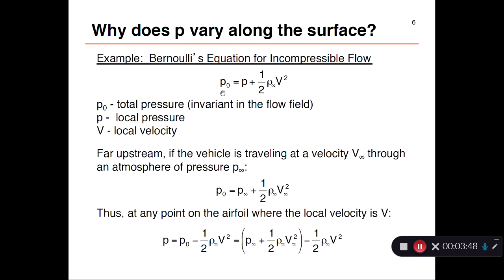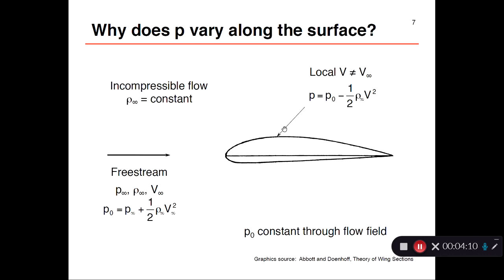In compressible flow, you have something more complicated: Cp times T naught equals Cp times T plus 1/2 V squared. There's no rho. When the temperature goes up, velocity goes down, and vice versa. So why does the pressure vary along the surface? Because the body disturbs the flow. So all over the body, the velocity is changing.